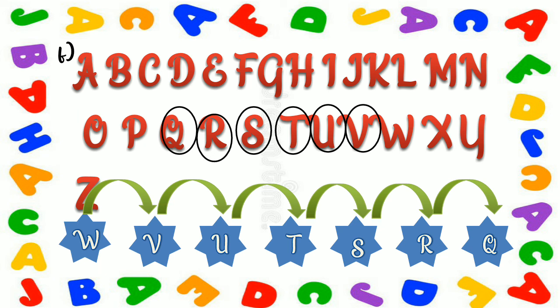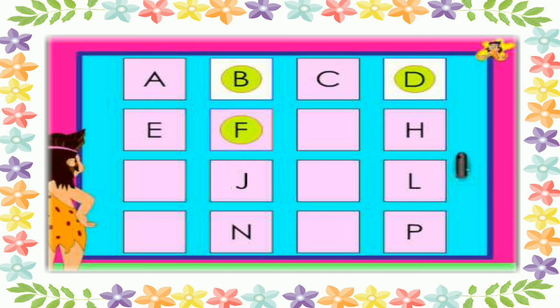So now we are going to learn a next question, and here we see some boxes are not filled. So here we have to fill all the boxes. So here we see A, B, C, D, E, F, and which is the letter comes next?